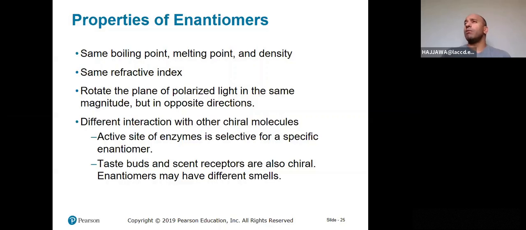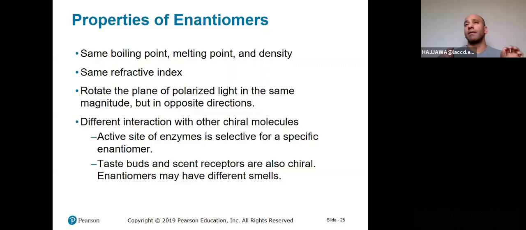Every single time we deal with enantiomers, we need to keep in mind that they have similar physical properties: melting point, boiling point, solubility. They may have different properties such as tasting or sensing in that direction if they have that activity, but they're always going to be different in terms of plane polarized light activity.